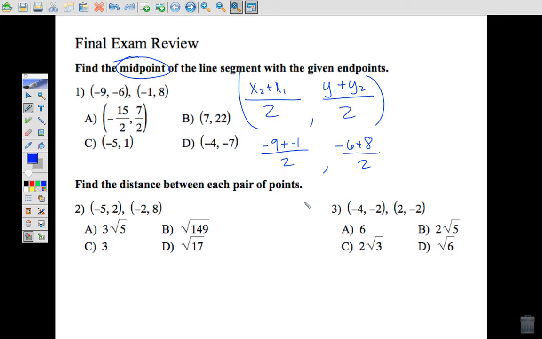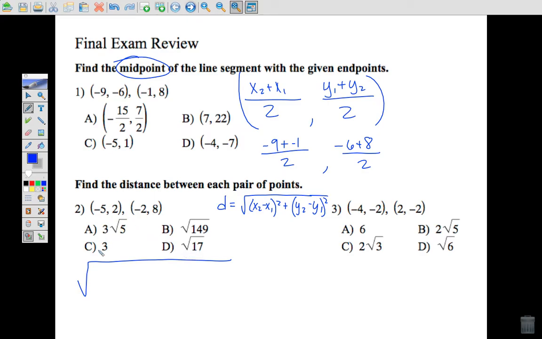Okay, distance formula is the square root of x2 minus x1 squared plus y2 minus y1 squared. It doesn't really matter which one you call 1 and which one you call 2, as long as you put the same one first. If I type it into my calculator, I'm not going to type the radical because I want it in simplest radical form.